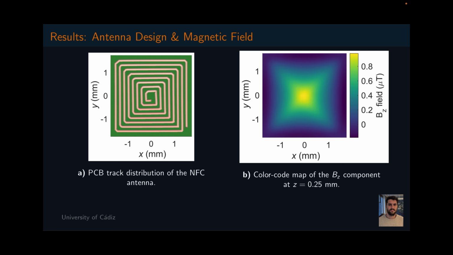Let us illustrate this result practically by designing an antenna of a square of 3.5 mm per side. This specific antenna is designed to generate a maximum magnetic field at a distance of exactly 0.25 mm above its center for a 0.2 mA current peak.